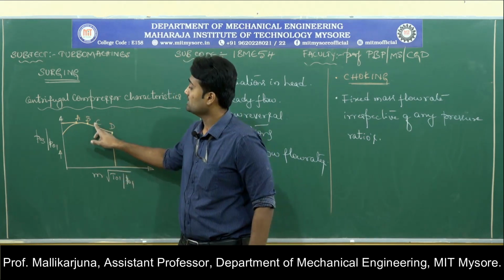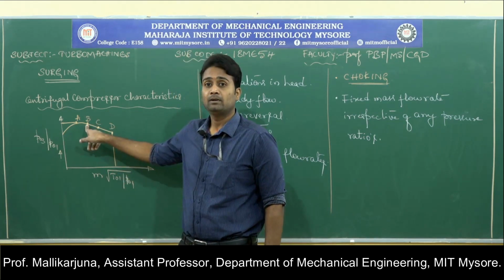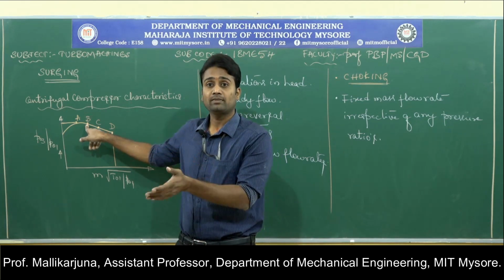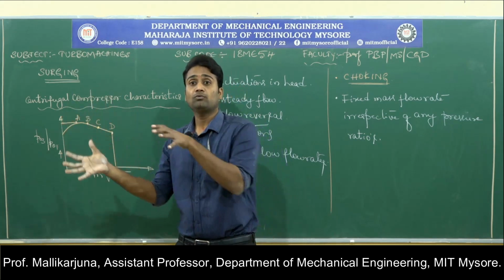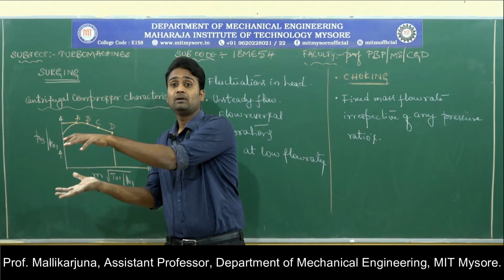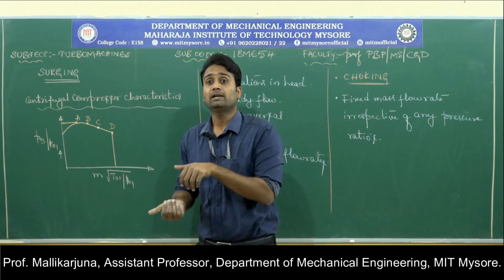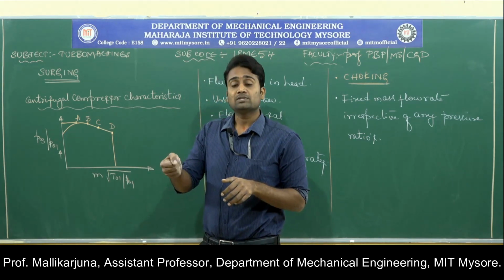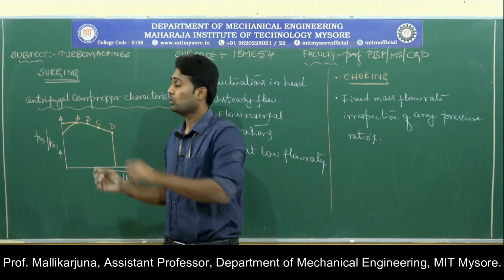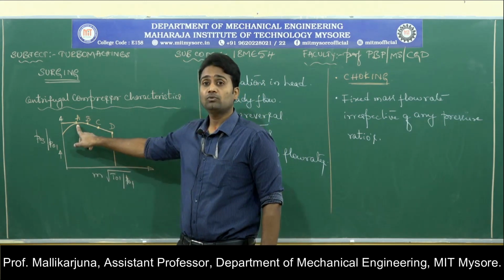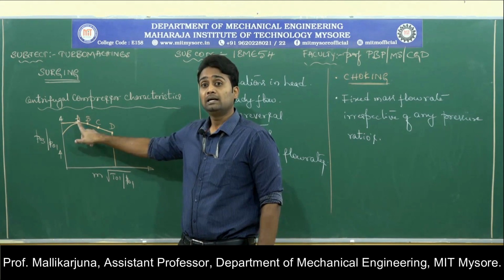That pressure rise is considered as B. A huge pressure rise is going to happen at the downstream. If I still close the delivery valve, a huge amount of fluid will be accumulated at the exit compared to the inlet, because the delivery valve is getting closed. Because of that, entry is lesser and exit is more, and hence a huge pressure rise is going to happen at the downstream.